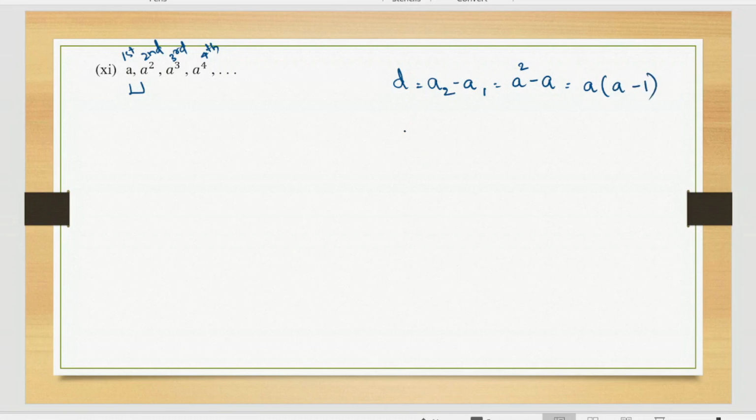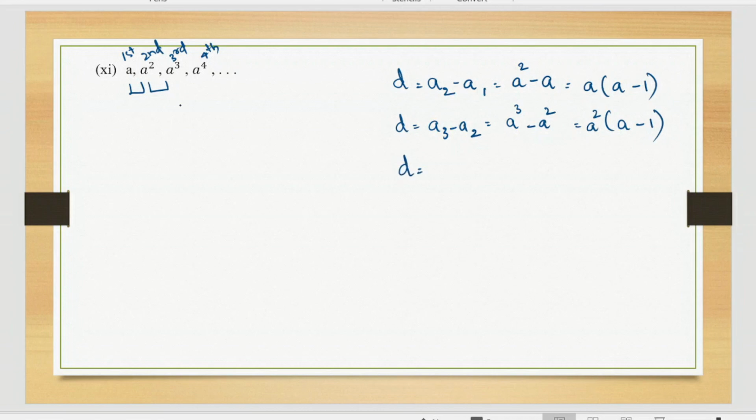Clear? And the common difference between these two terms is a3 minus a2. a3 is A cube minus A square. So if you take A square common, you will have A minus 1.